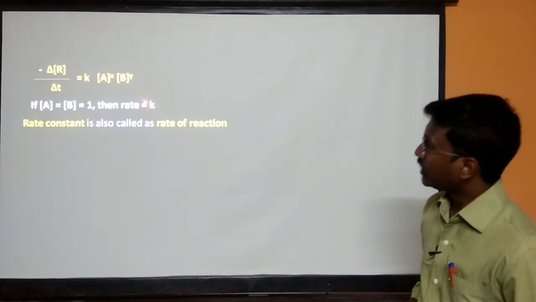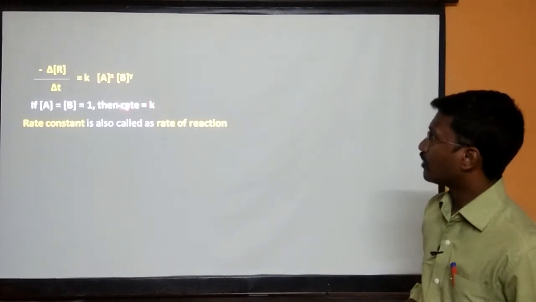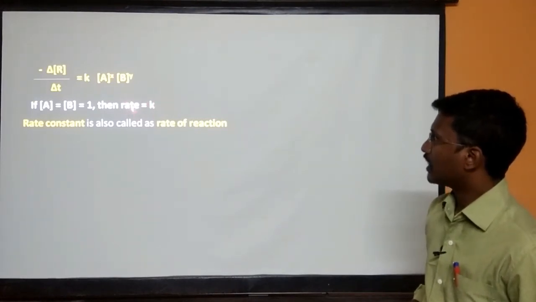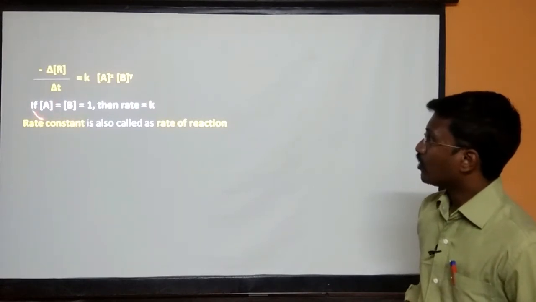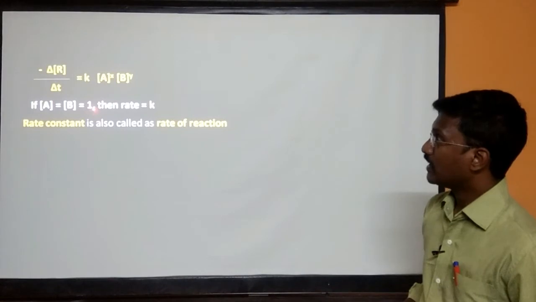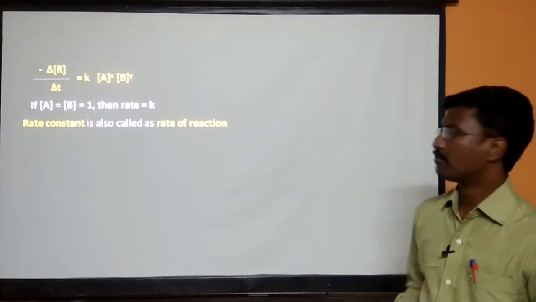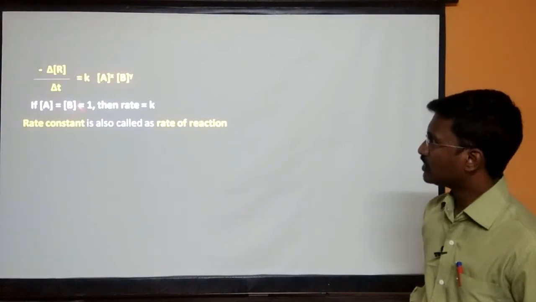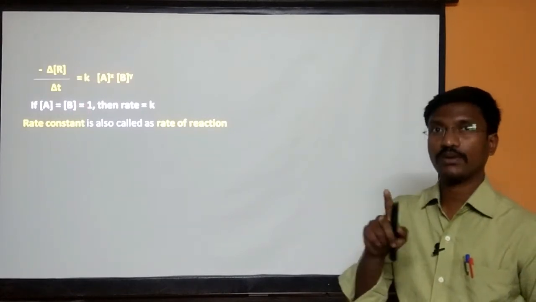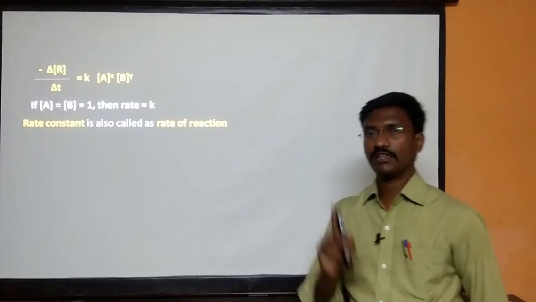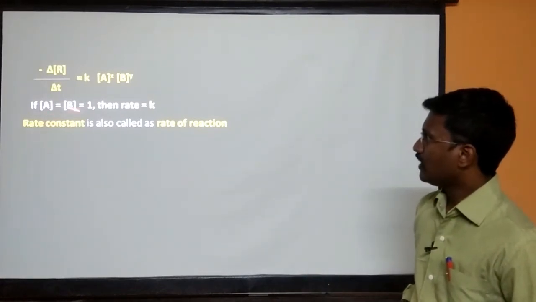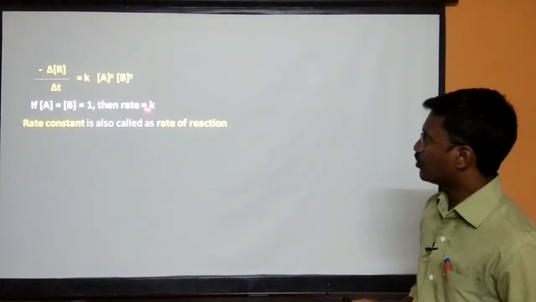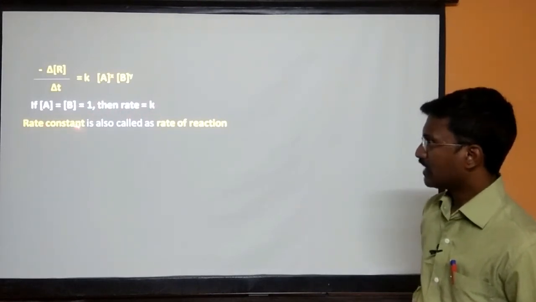Rate constant can be defined in terms of the rate of the reaction. Rate of the reaction is equal to the rate constant when the molar concentration of the reactants is unity. I am not showing the power, we are not explaining based on the power, because the power may be anything. If the concentration is 1, the base is 1, and whatever the exponent is, the value remains 1 only. Therefore, if the concentrations of A and B are 1, then the rate is equal to k, whereas k is the rate constant.